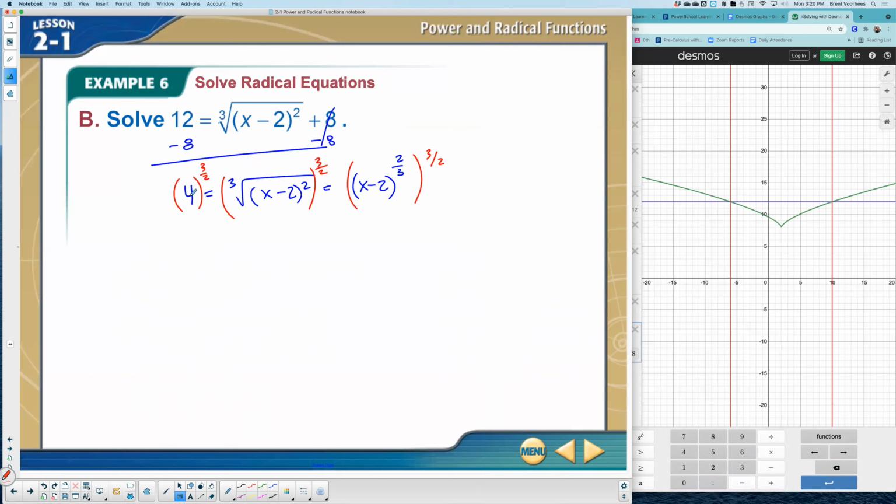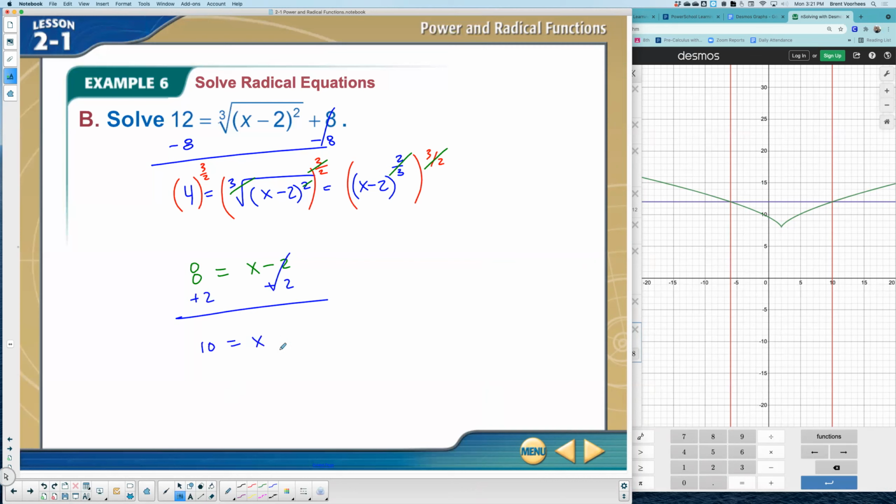That's 4 cubed is 64, and then you take the square root of that, and so we got the number 8. So I'll simplify and say 8 equals, and then over here, these cancel one another out. So you're just left with x minus 2. And you add the 2 to both sides, and there's the answer of 10.